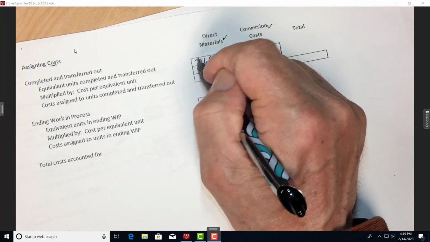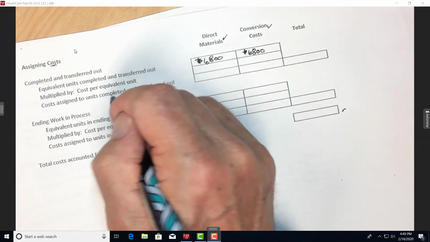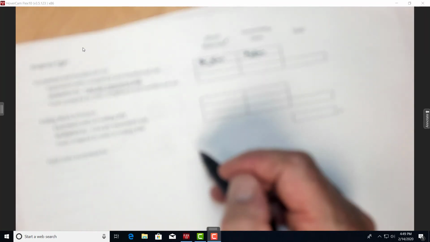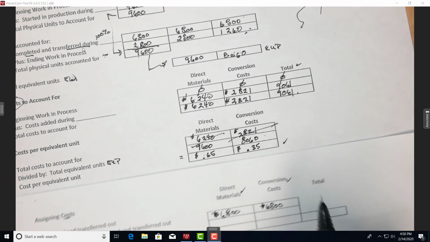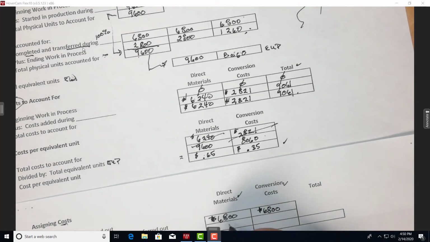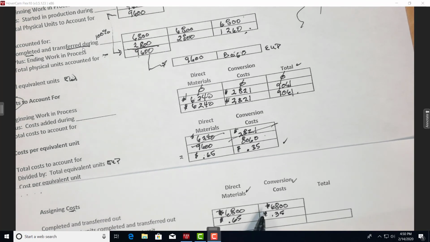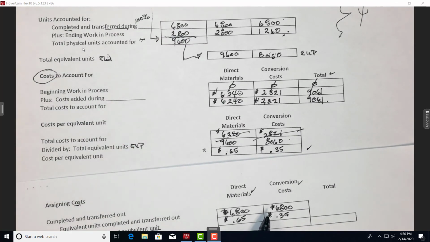These are not dollars. We're going to get to the cost by multiplying by the cost per equivalent unit, which we just calculated: 65 cents and 35 cents.